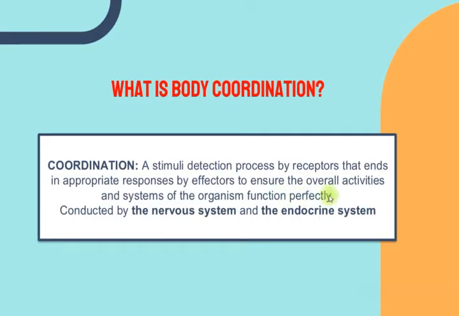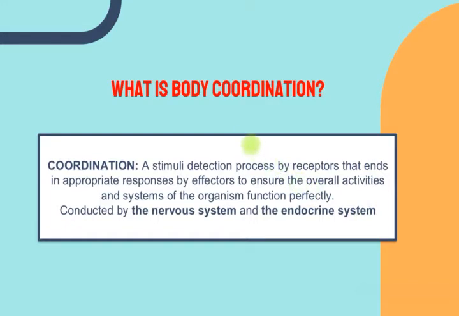So coordination is a stimuli detection process by the receptor, which causes the appropriate response by the effectors, to ensure the organism can function efficiently. Body coordination is conducted by the nervous system and endocrine system.